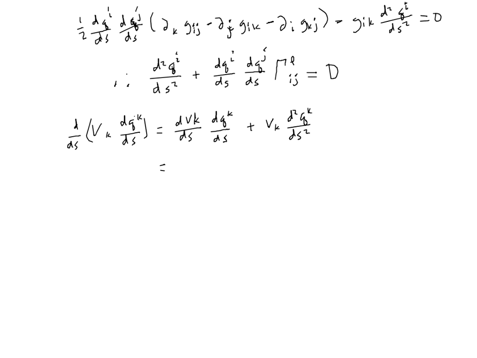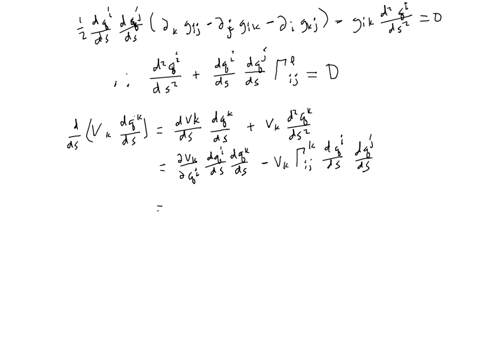And so that gives you partial v_k partial q^i, dq^i/ds, dq^k/ds, minus v_k times the Christoffel symbol, dq^i/ds, dq^j/ds, where I basically took advantage of our geodesic equation in order to expand out the second term. Then you'll notice that we have the velocity terms in both of these.